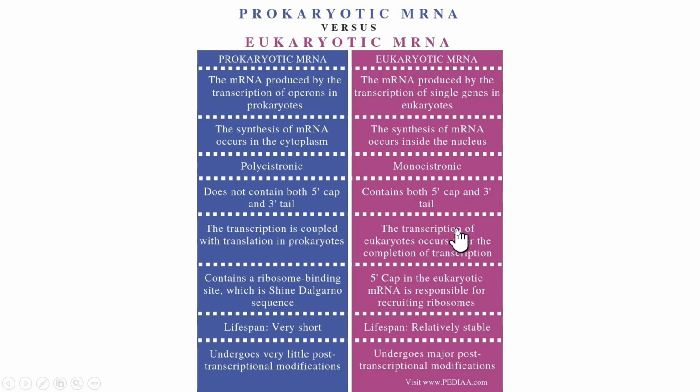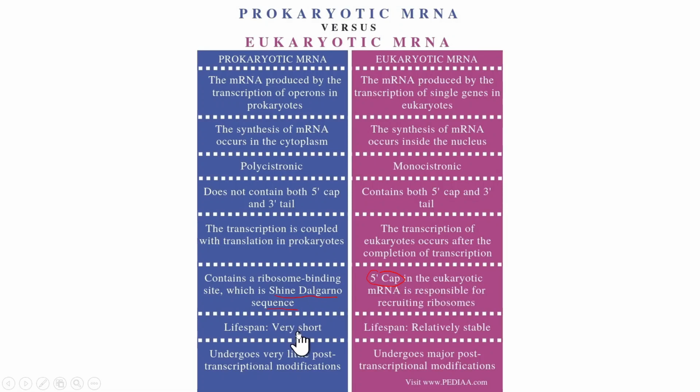So here the two processes, transcription and translation, are not coupled. And for recruiting the ribosome, in the case of prokaryote, that mRNA possesses a specific sequence called a Shine-Dalgarno sequence. But in the case of eukaryote, that 5' cap is recruiting the ribosome for initiating the translation.